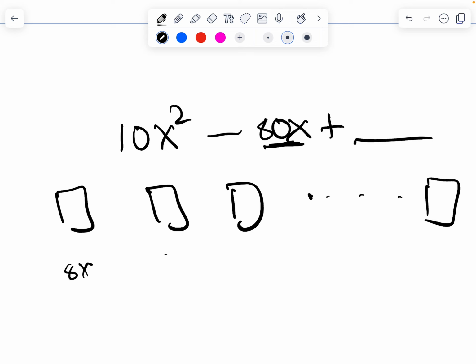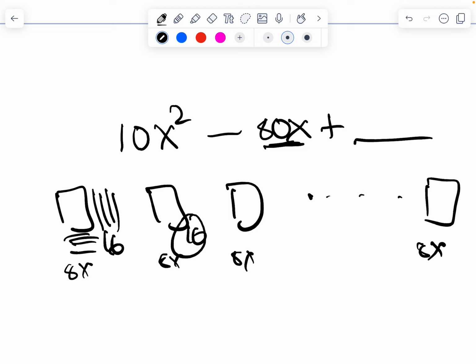So each one gets 8x. 8x 10 times gives me my 80. So I have 8 x's, and 16 to complete each one. So each of these needs 16 dots, and so 16 times 10 is 160. Okay, so that's it, guys, for question 5 and 6.